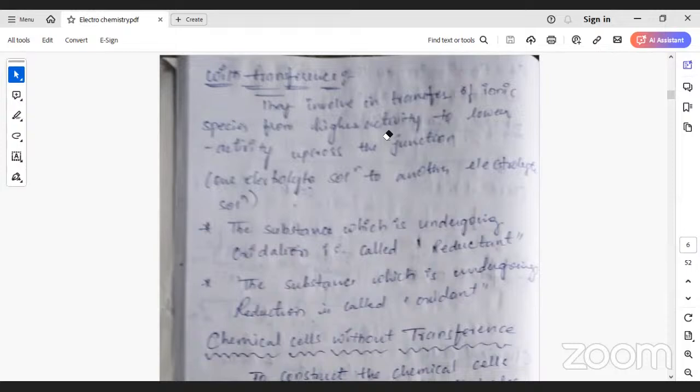If there is a direct transfer of ions, positive or negative, from one electrolyte to another, that is with transference. These apply to both chemical cells and concentration cells, so we will get four equations. How we construct them, we'll discuss.